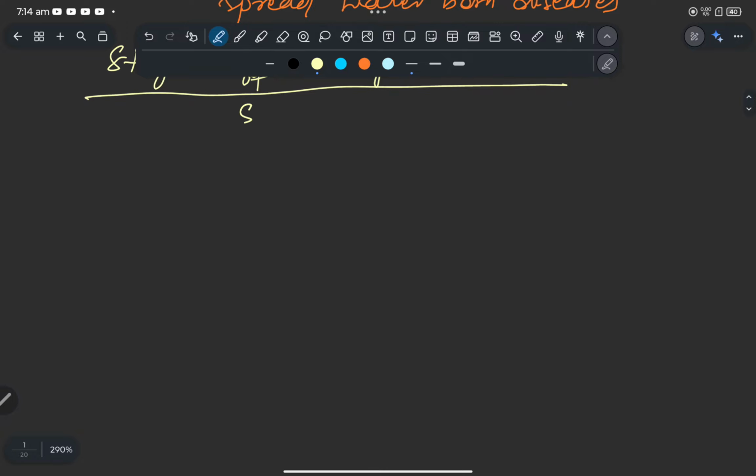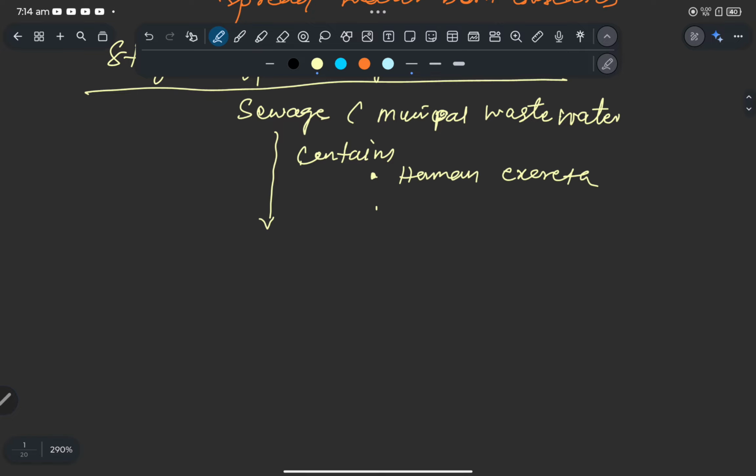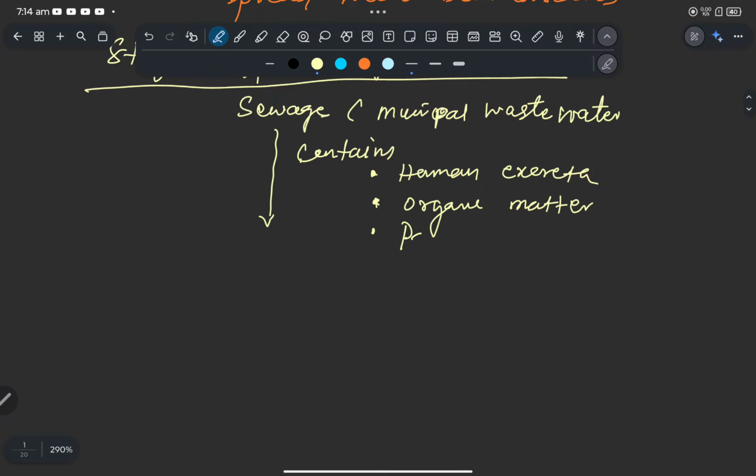Starting from sewage. Sewage is the municipal wastewater, which contains human excreta, organic matter, and pathogenic microbes or disease causing microbes.